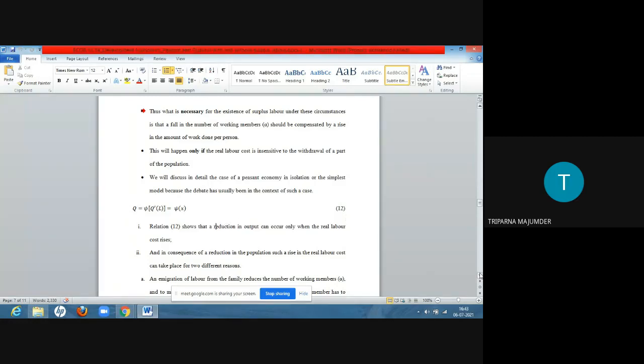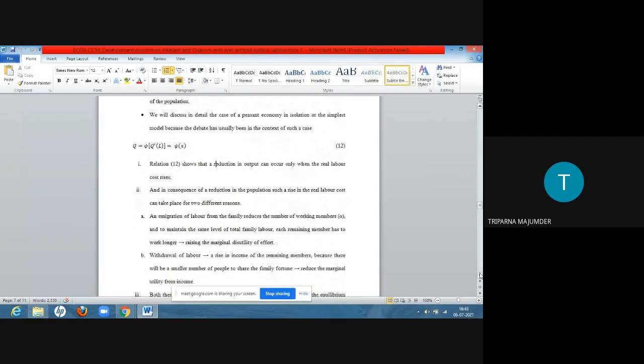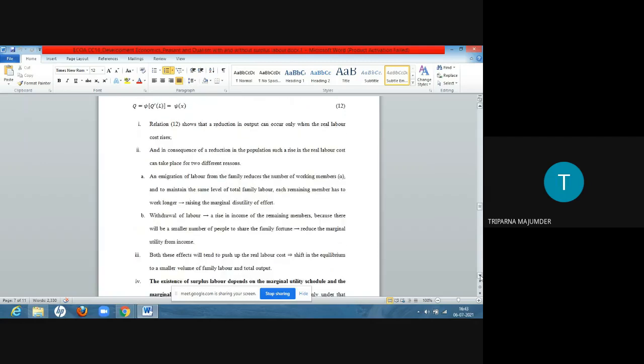And in consequence of a reduction in the population, such a rise in real labor cost can take place for two different reasons. To understand this, we have to recall what we meant by real labor cost.